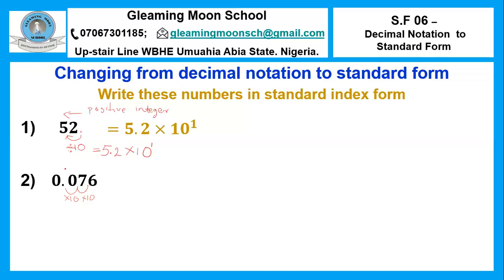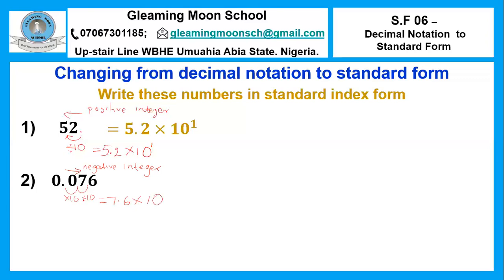And you can see that our decimal point has moved to the right. And because it has moved to the right, we are going to have a negative integer as the power. Okay, so this would give us 7.6 times 10.